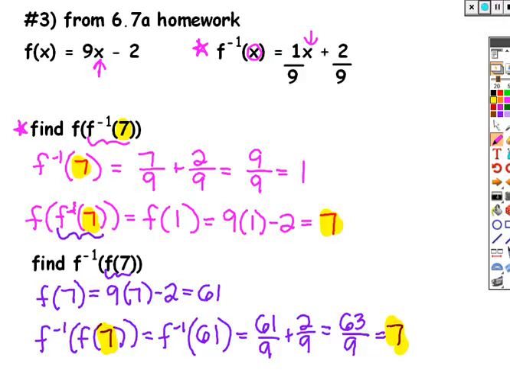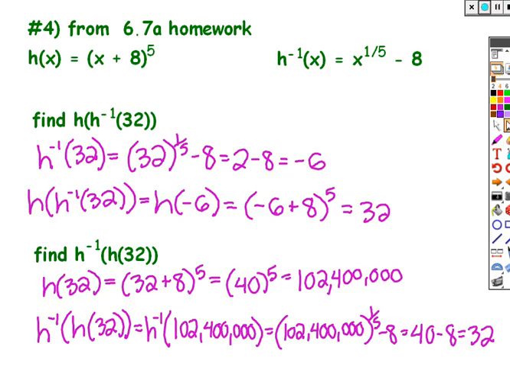You could check number 4 from the homework. So this should have been your answer from last night. You can go ahead and check. If I ask you to find h of h inverse of 32, well, these are inverse functions. However, whatever h inverse does to the function, h should undo it, and I should be right back where I started at 32.